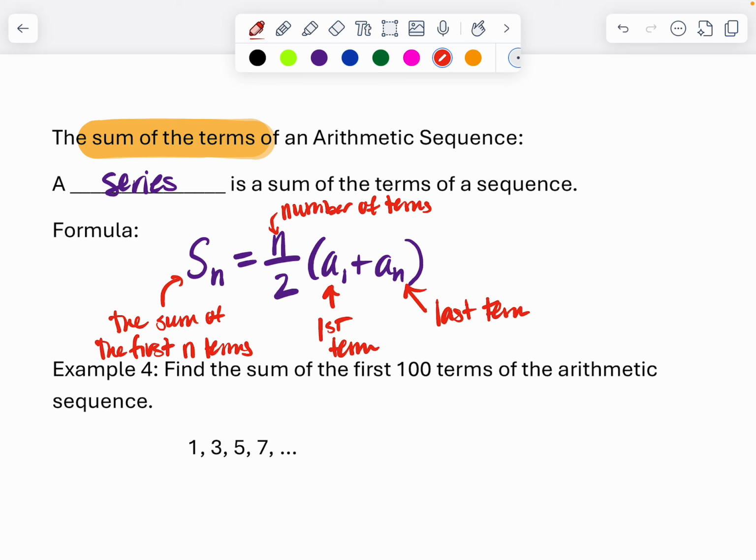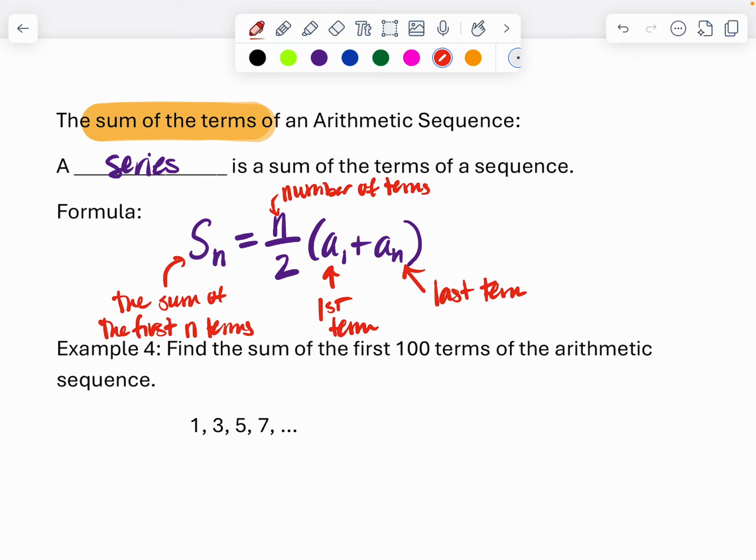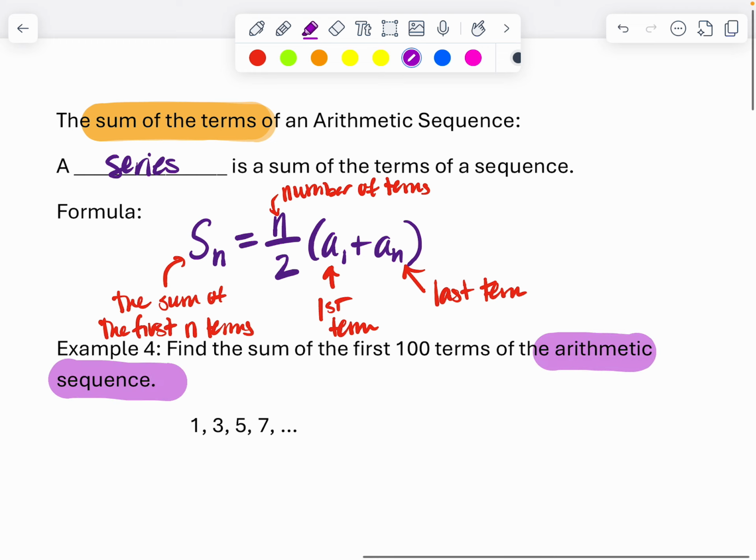Okay? So, for example, here on number 4, it says, find the sum of the first 100 terms of the arithmetic sequence. So this allows us to find this without needing a formula for the actual sequence. We just know that this is an arithmetic sequence. So since it's arithmetic, we get to use the sum formula, the partial sum formula. So we're going to find S sub 100.